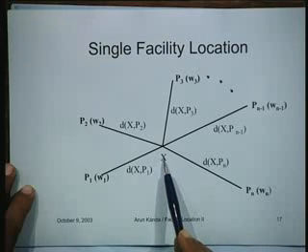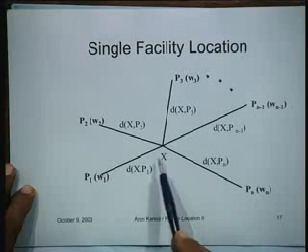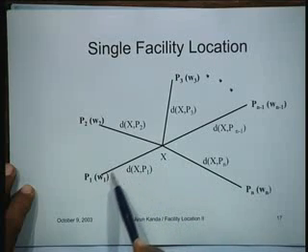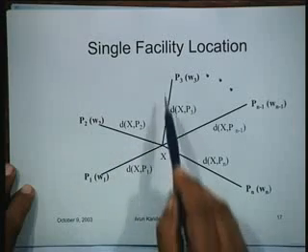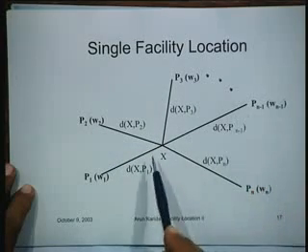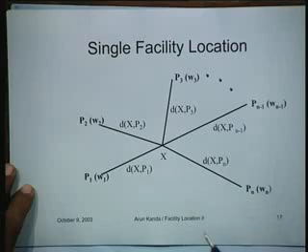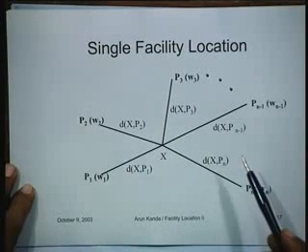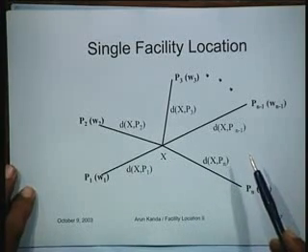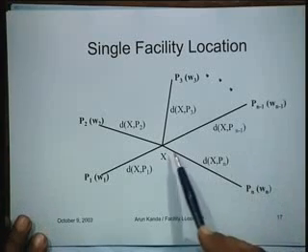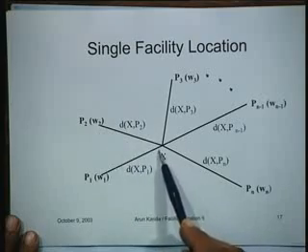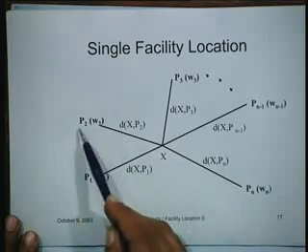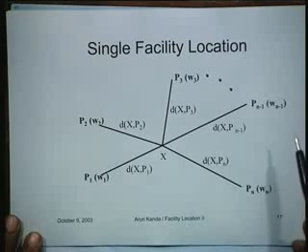This optimum location x should be such that the total cost of movement between these should be minimized. That means we are trying to minimize the total cost of travel or transportation between these various facilities.